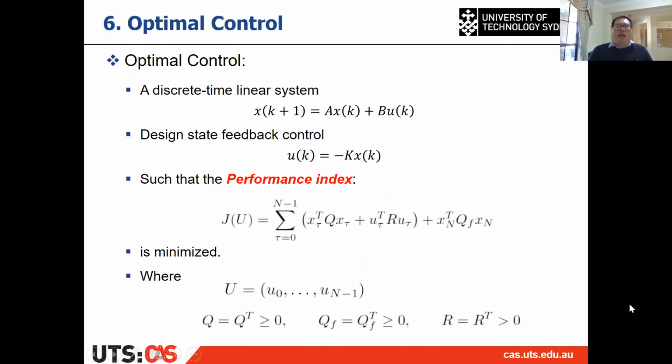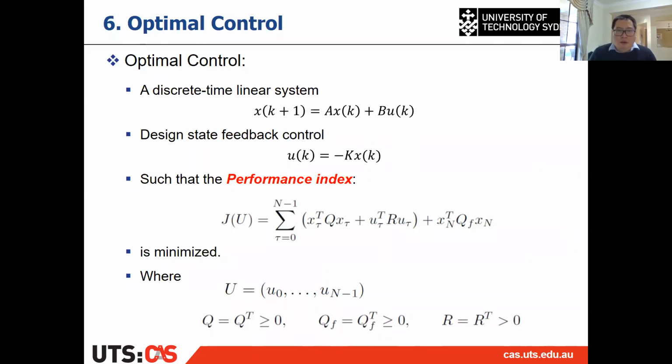So for the discrete time system, the idea and the process are exactly the same comparing to the linear continuous time system, but with some differences in the equations. So let's see together.